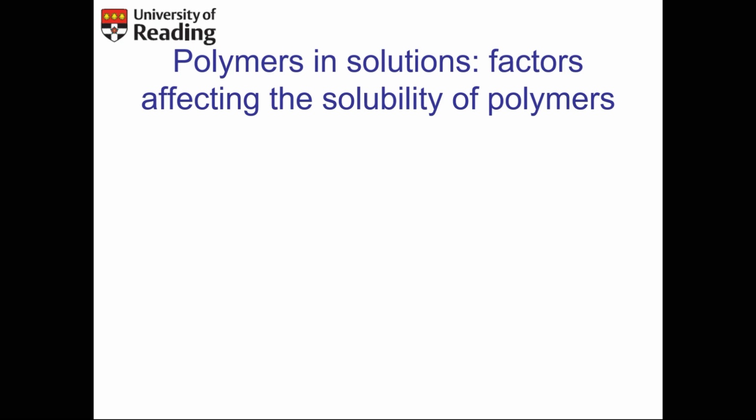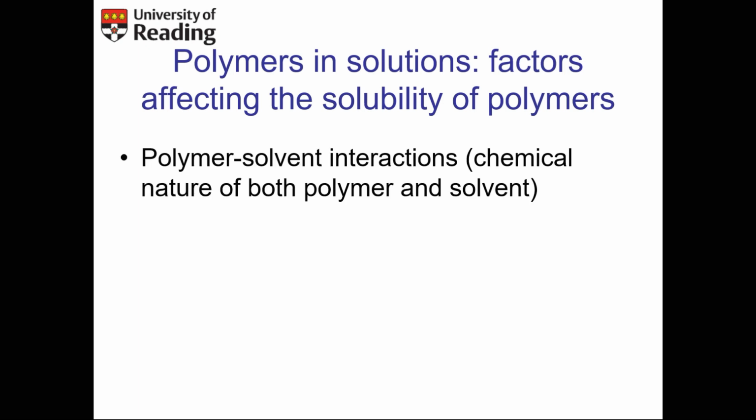You're also supposed to have a good understanding of the factors affecting the solubility of polymers. There are several factors that you need to know. The first factor will be polymer-solvent interactions that will depend on the chemical nature of both the polymer and the solvent. So if there's a structural similarity between the solvent and the polymer, then potentially the solvent will be able to facilitate dissolution of the polymer.